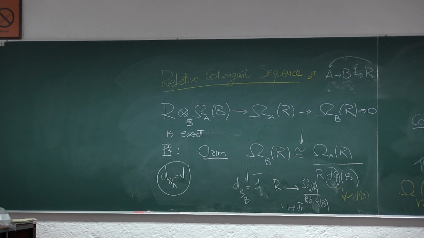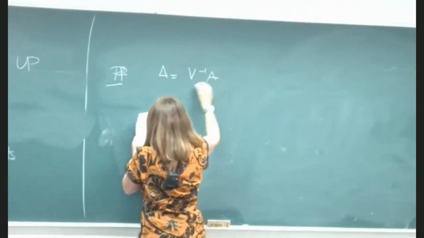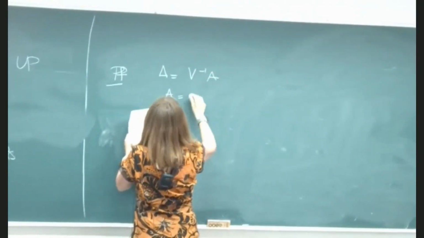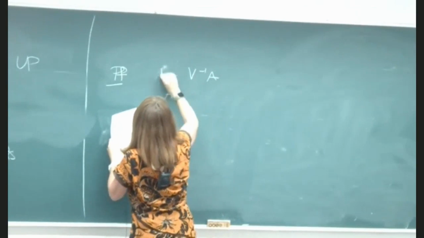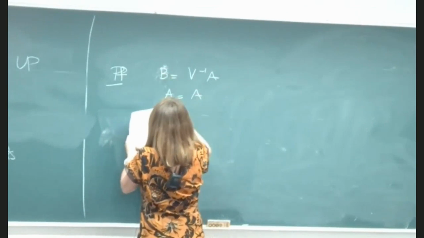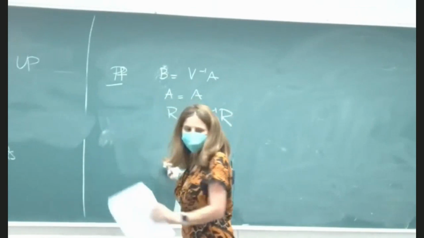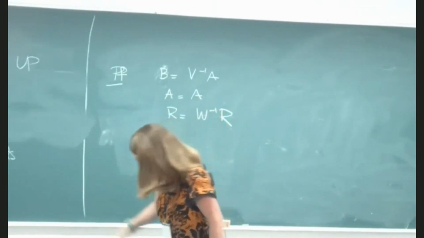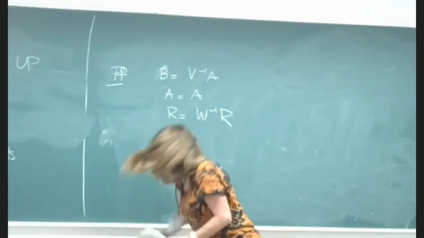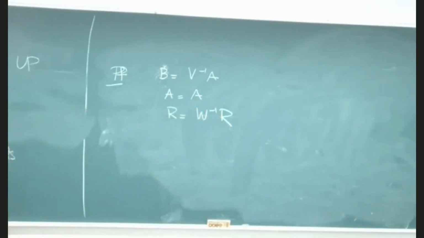So for the proof, really the point is to tell you who are the guys. So B is V inverse of A, A is A, and R is W inverse of R. Take this free and apply that. So why don't we do it together, even if it's a silly exercise, because it slows you down and helps you.